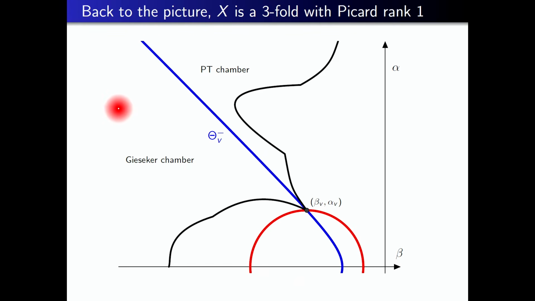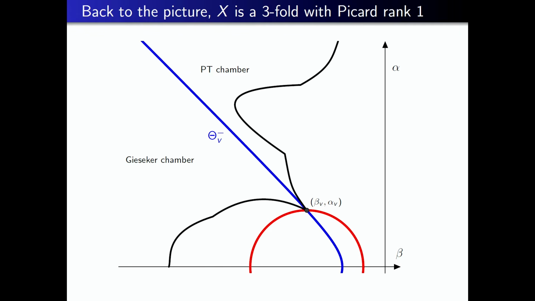There are no more walls to the left of this black curve and to the left of the blue curve. One of the things we show in this paper is that in this region, the Bridgeland moduli space coincides with the Gieseker moduli space.